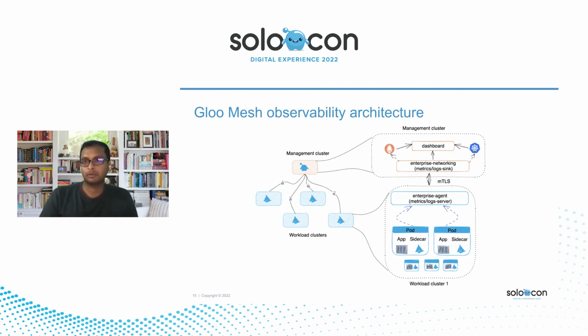Additionally, our dashboard has the visualizations to make sure you can actually look at the graph going from one cluster to the other. The dashboard itself coordinates with a bunch of different things. So the dashboard in version 1.2 of the product is going to get the metrics from Prometheus. It also communicates with the enterprise networking pod to get some intermediate objects.